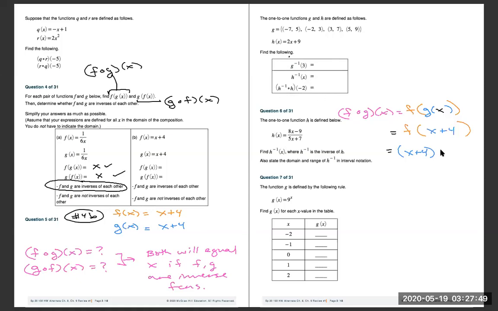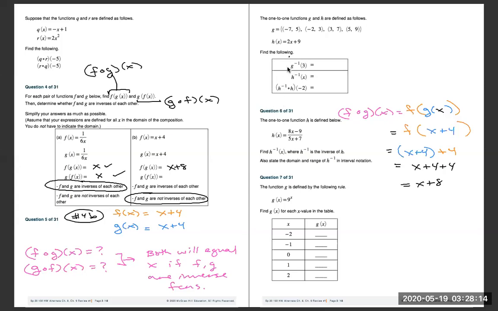And you still have your ending plus 4. So you get x plus 4, that's x plus 8. So f of g of x is actually equal to x plus 8. So we already know that f and g will not be inverses of each other for this reason.